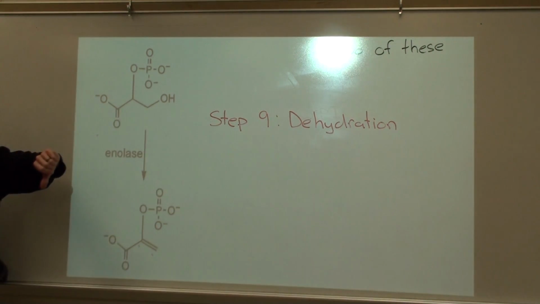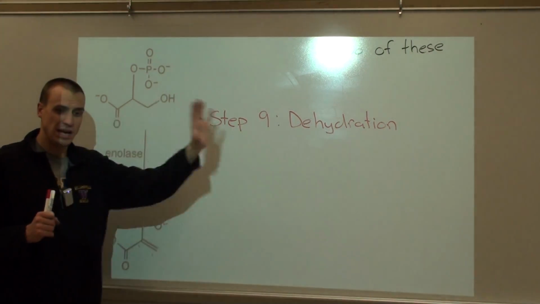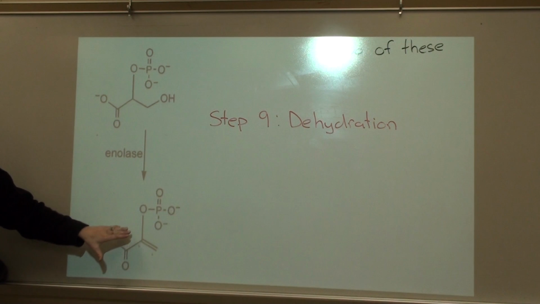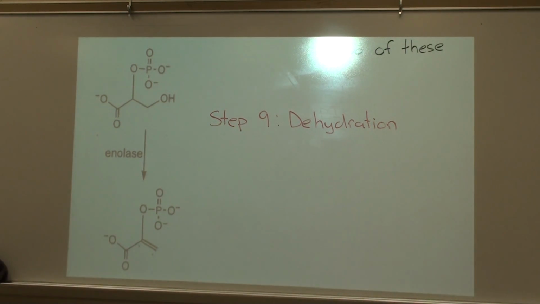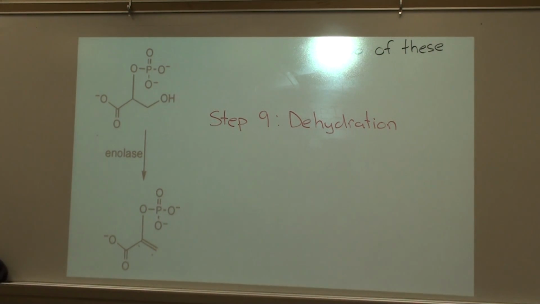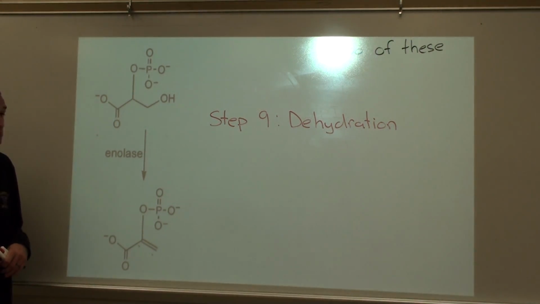And when we get that water pulled off this molecule, we end up with our phosphoenolpyruvate. We're getting pretty close to producing those 2 pyruvate molecules at the end of this process.